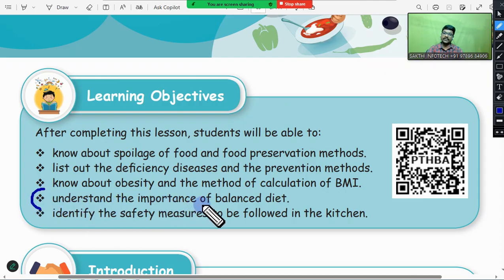Understand the importance of balanced diet. Okay, next sentence. Identify the safety measures to be followed in the kitchen.